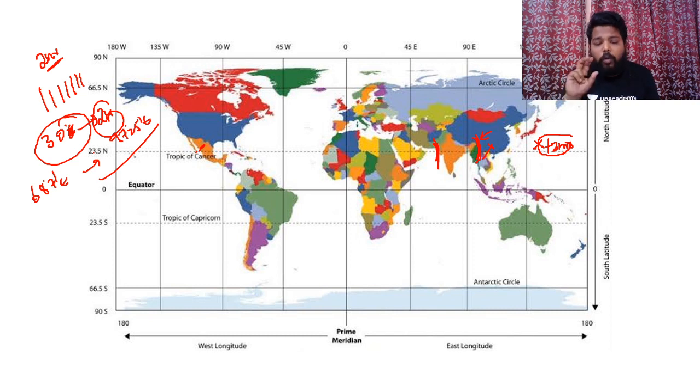Clear? So how could you justify this? To avoid that confusion, for example, let's say your friend is traveling from Itanagar to Ahmedabad, and his flight is going to arrive at 8 a.m. according to his time.